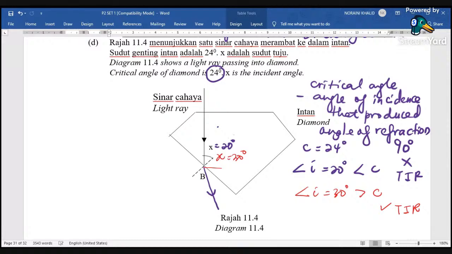It will be reflected with the same angle, 30, 30. Okay, and then again, you reach here, and again reflected. So it keeps reflecting to many surfaces of the diamond. This is the reason why the diamond is shiny compared to glass.